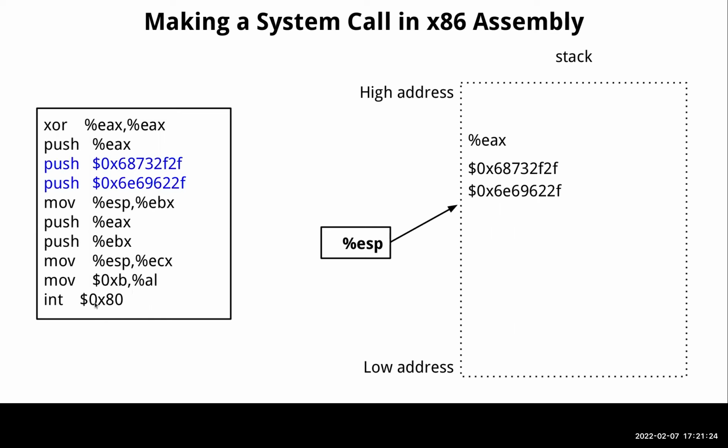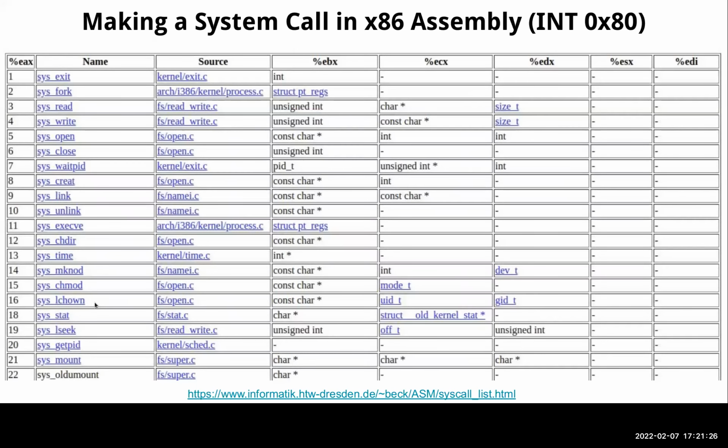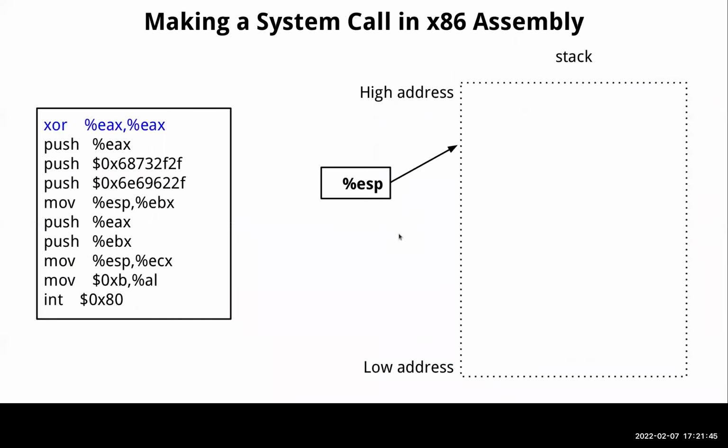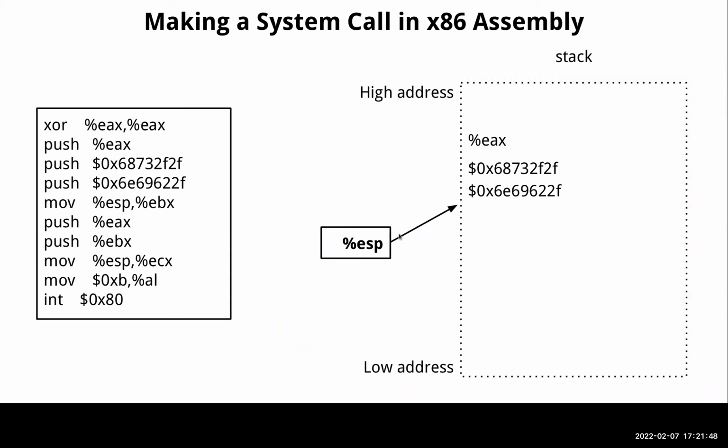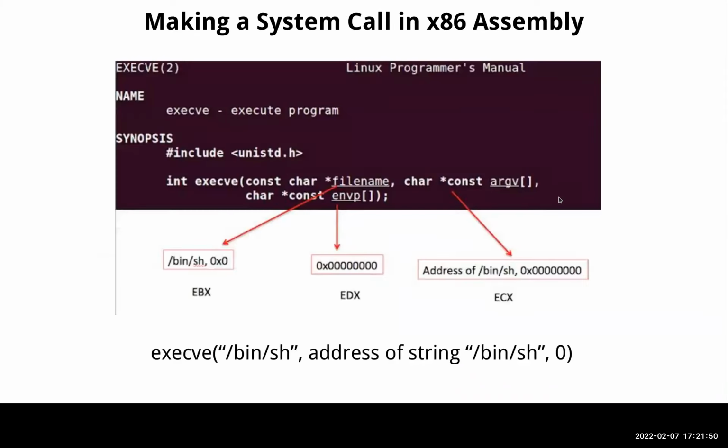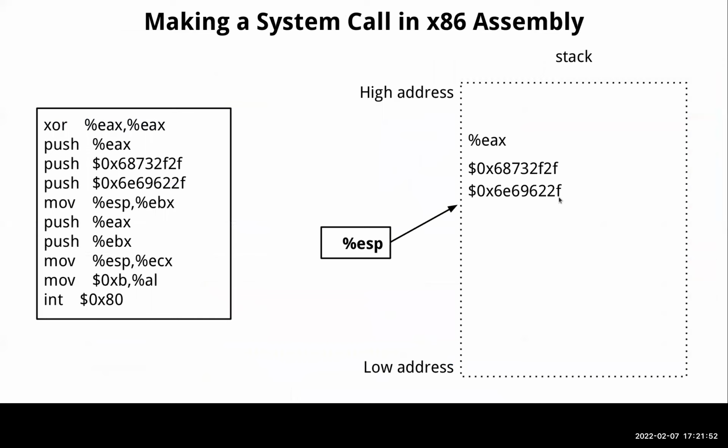So if we go back to the table before, we check what is 11. Value 11 in EAX, we can find, okay, we're trying to execute the system call execve here, okay? Then we look at this, we need some other parameters here, right? What we are setting up here is a string.